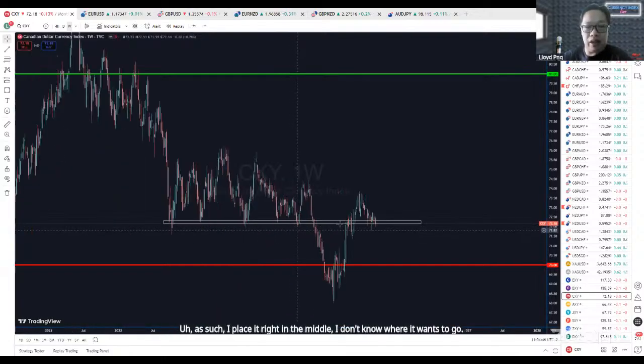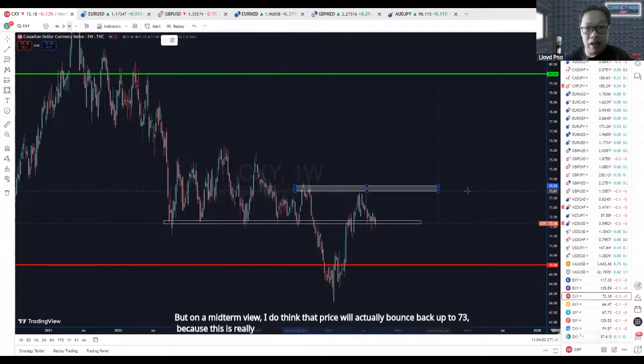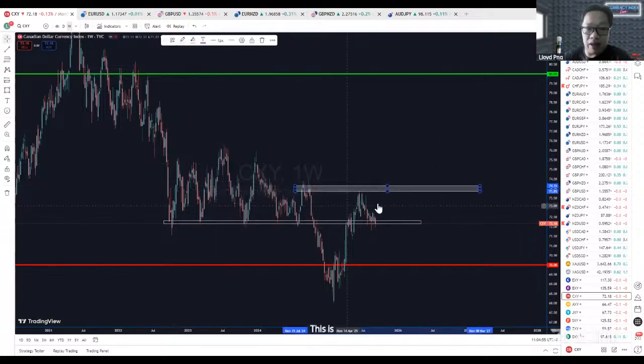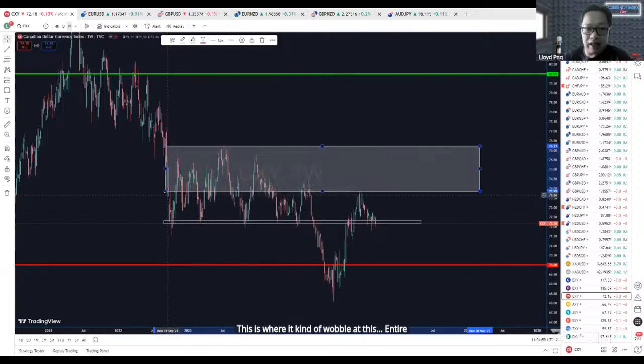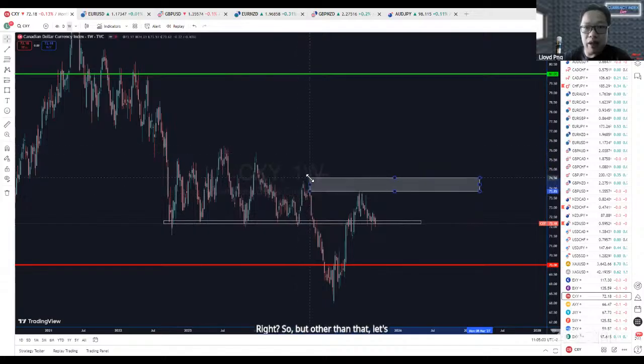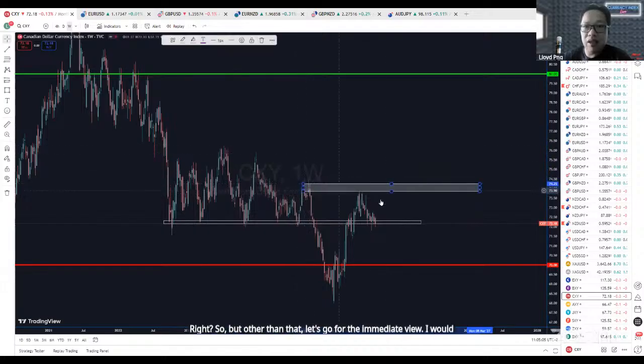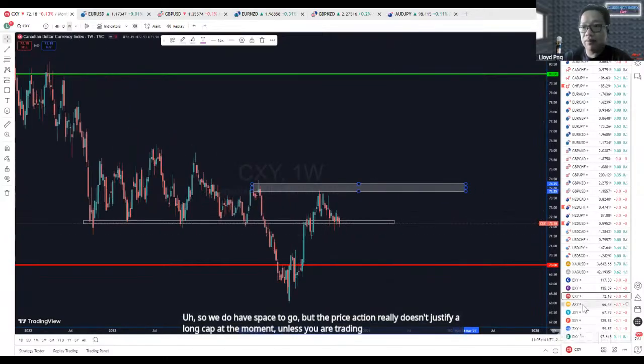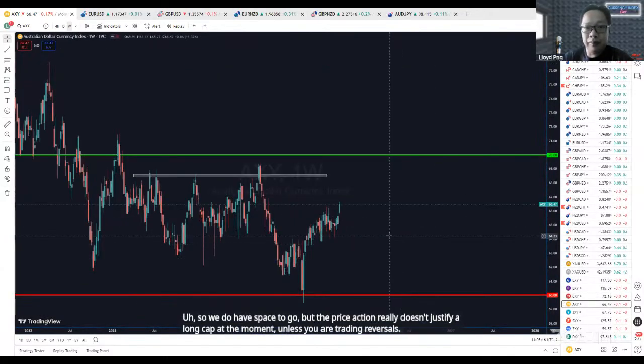But on a mid-term view, I do think that price will bounce back up to 73, because this is where it previously wobbled in this entire range. But other than that, let's go for the immediate view, which I would argue is here. We do have space to go, but the price action really doesn't justify a long CAD at the moment unless you're trading reversals.